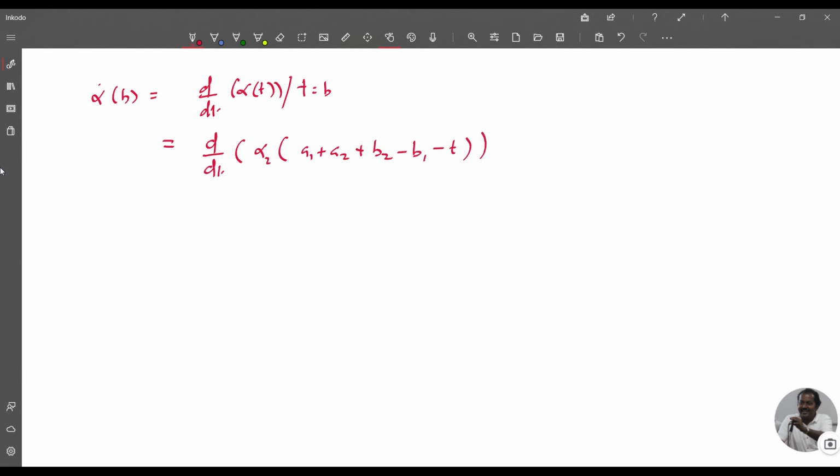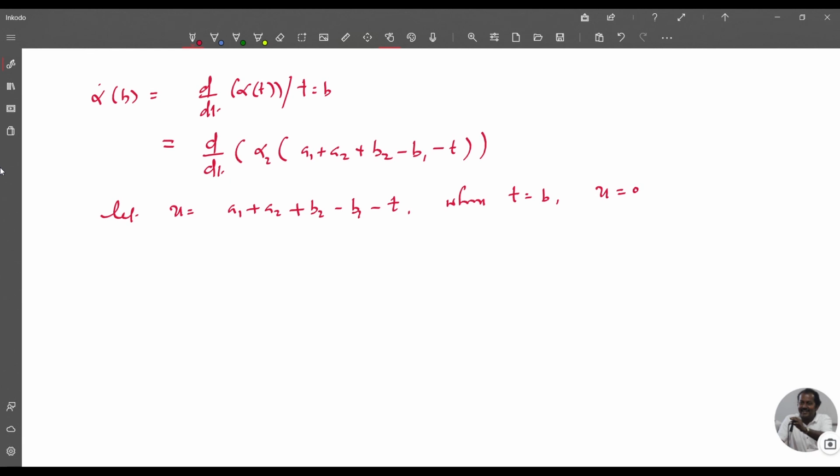So let U equal A1 plus A2 plus B2 minus B1 minus t. So when t equal to B, we have U is actually A1 plus A2 plus B1 minus B2 minus B1. So when t equal to B, you know that U is 0.